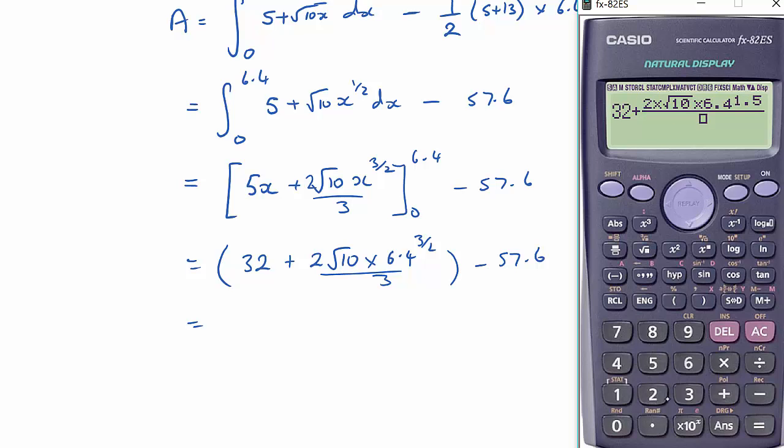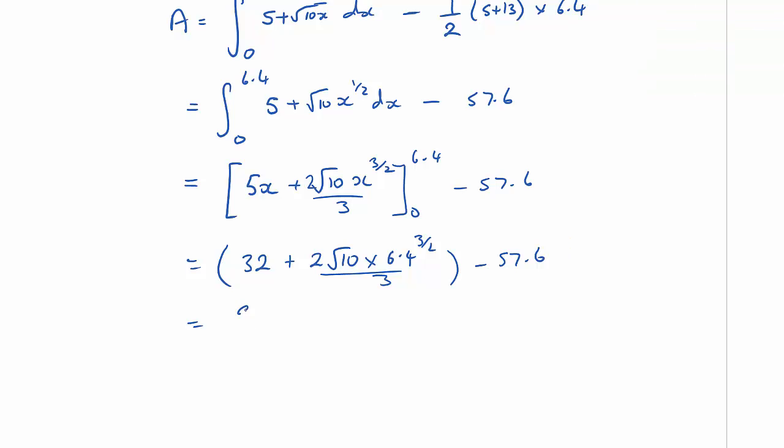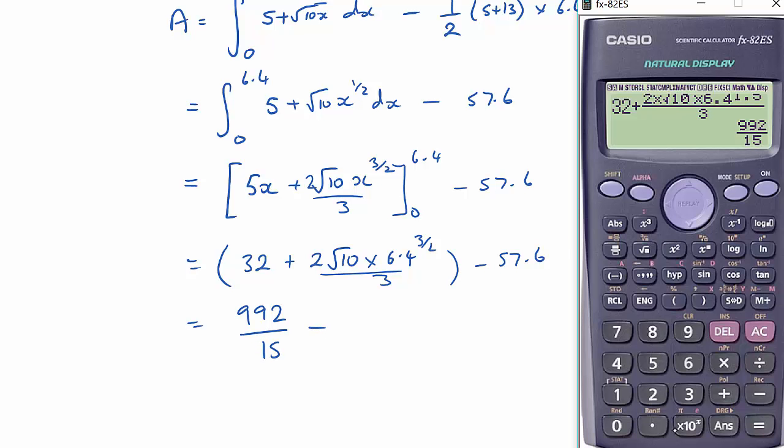All of that is over 3. Which is, well, if we actually do this, 992 over 15, take away 57.6.